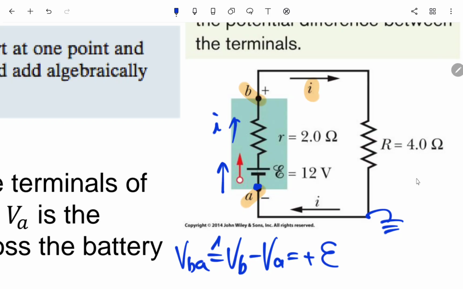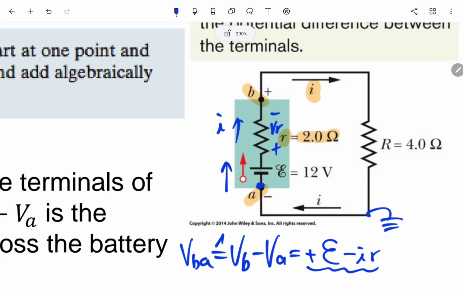For this resistor, let's say VR is plus at this end and minus at that end. We have a voltage drop if the current is going upward, so it will be minus I times small r, where small r is 2 ohms. In that case, VBA is E minus Ir.